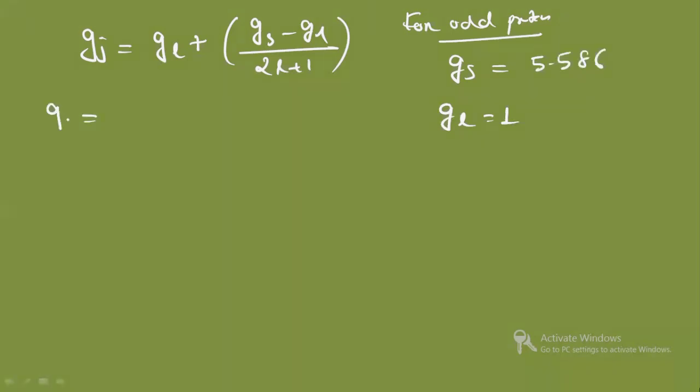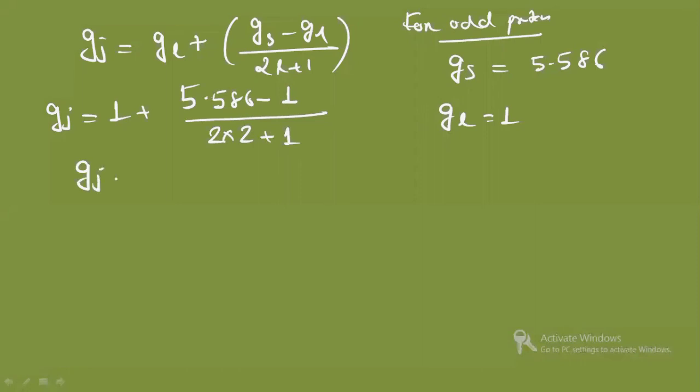Now you see Gj. Gl is how much? 1 plus. Gs was how much? 5.586 minus Gl is how much? 1 divided by 2 into L value was 2 plus 1. So you will get Gj is equals to how much? 1 plus 4.586 divided by 2 times 2 plus 1, which is 5.